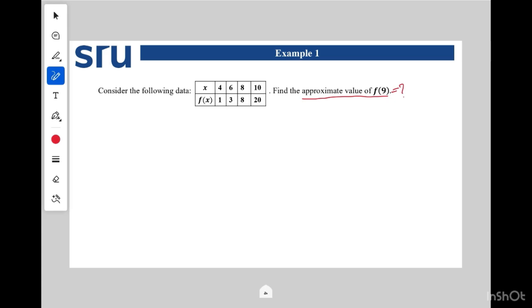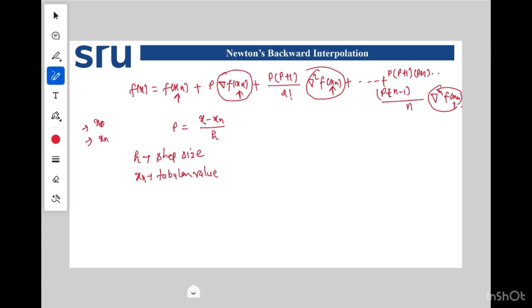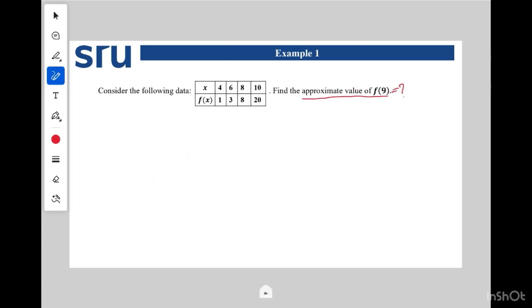To calculate the interpolating polynomial, we have to calculate the backward difference table: del f of xn, del 2 f of xn and so on. First we write the table in column form: this is x and this one is f(x).